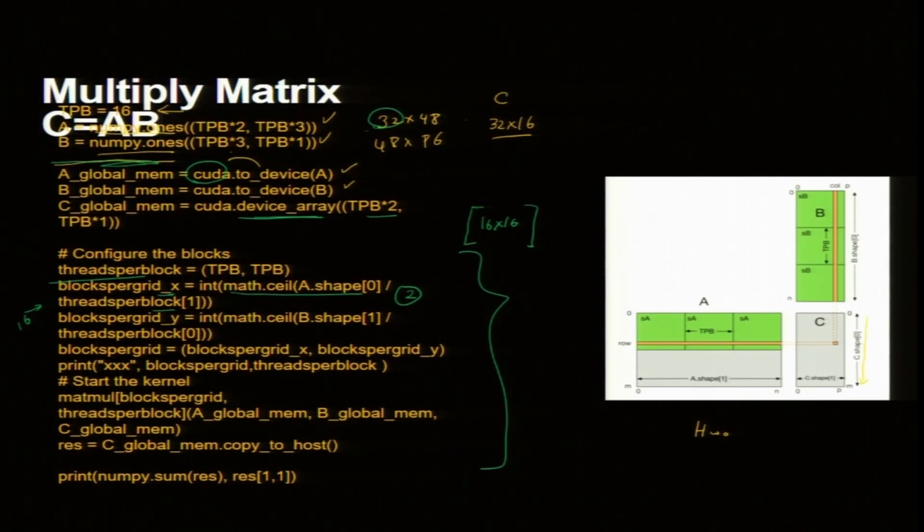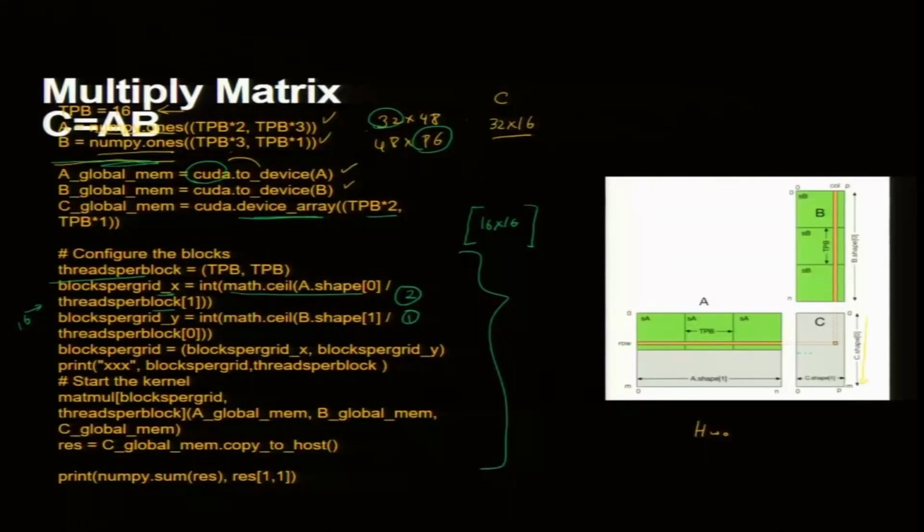B shape 1 is 16, so this will be 1. So, my grid is basically 2 by 1. The grid tells you the number of blocks: 2 blocks, each of them a 16 by 16 thread block. So, this is block 0, block 1.